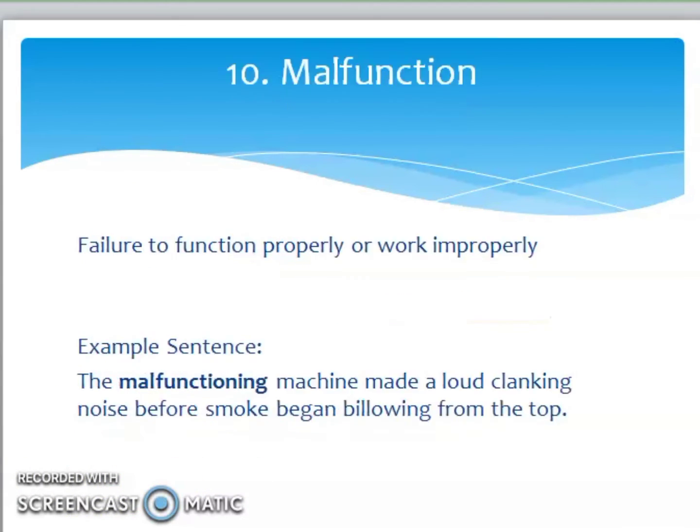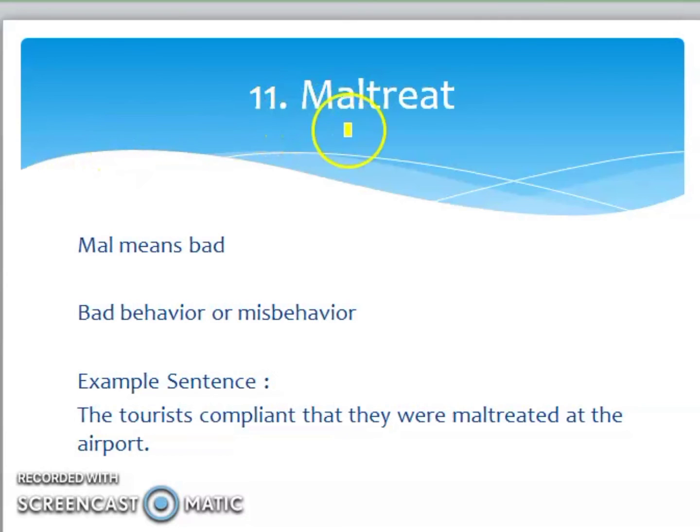Moving to the next, we have malfunction. Malfunction is poor function, mal, bad, failure to function properly or work improperly. Example: the malfunctioning machine made a loud clanking noise before smoke began blowing from the top. Moving to maltreat or maltreatment.